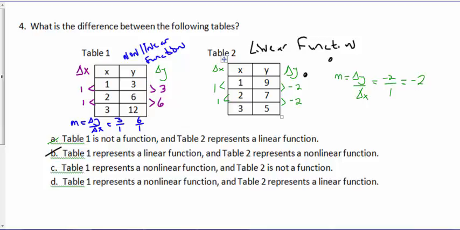Get my cursor back here. There we go. There. So we know that's a linear function. So C's out. D, table 1's a nonlinear and table 2 represents a linear. So D is the answer.